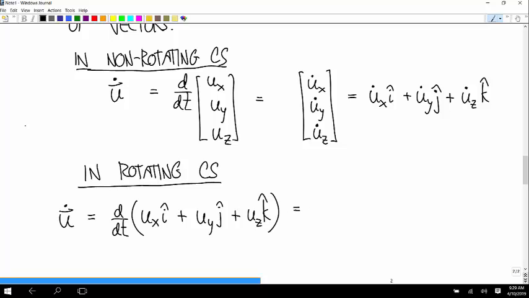And if you take the time derivatives, you get ux dot times i, but then you have to use the product rule. And so each one of these gives you two terms.